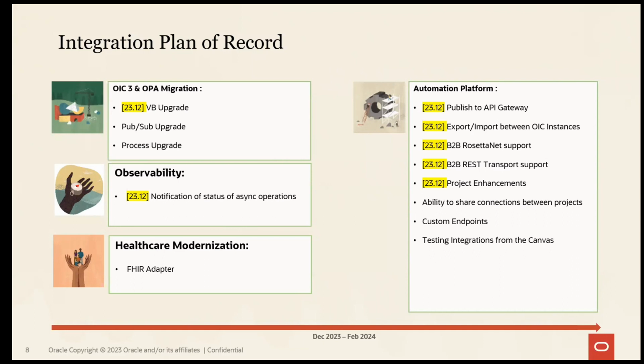But essentially, it's giving us more than what we had in Gen 2. Like within OIC Gen 2, we had the ability to publish to the OCI API gateway. However, every time you published an endpoint, that surfaced as a deployment within the gateway. Now, the OCI gateway can have up to 20 deployments.